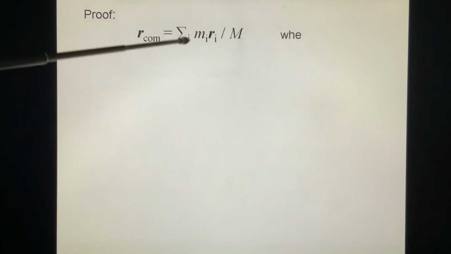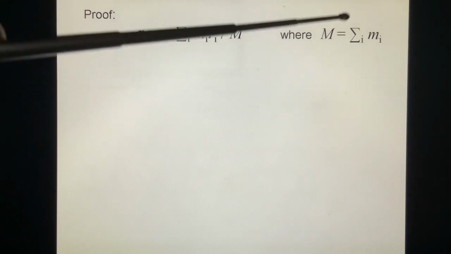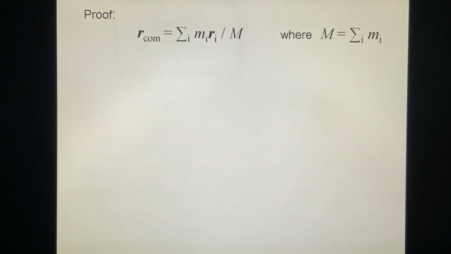Let's prove it. R center of mass equals sigma m_i r_i over M, where M is the sum of the m_i.